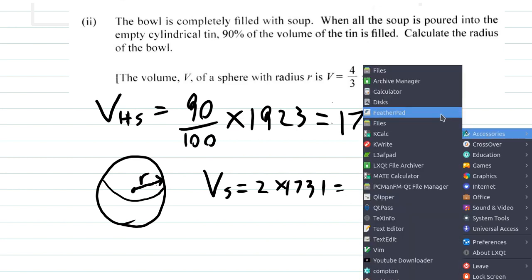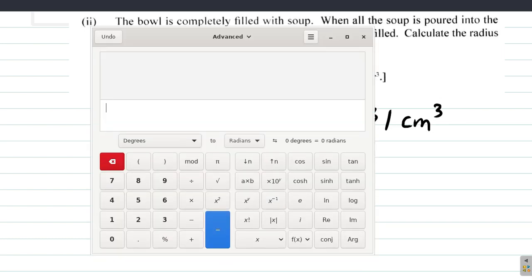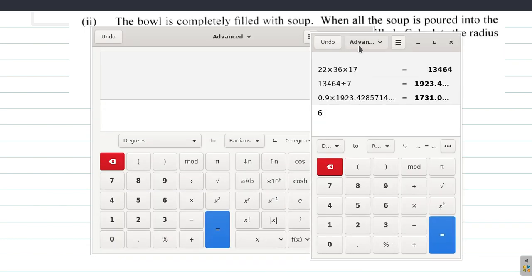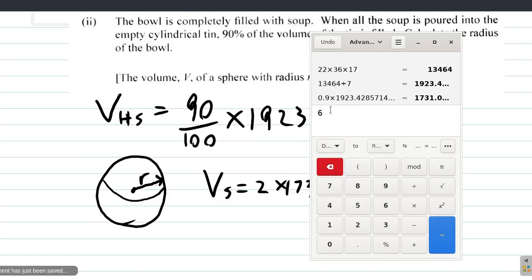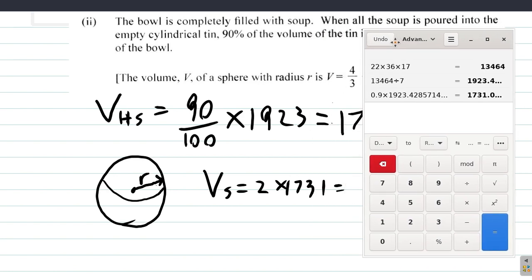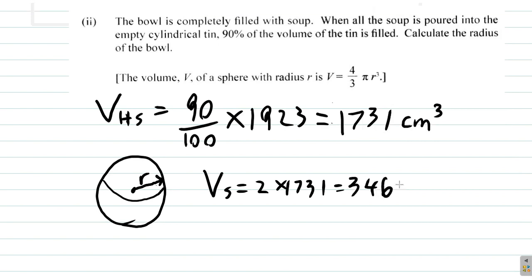So the volume formula here is the volume of an entire sphere, not the hemisphere. If the hemisphere is 1731, the whole sphere would be twice that. So 2 times 1731 gives us 3462 centimeter cube for the whole sphere.